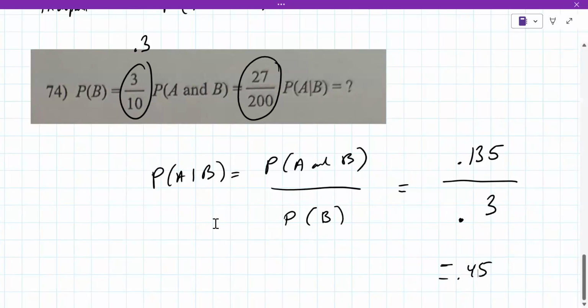So again, you have to get this formula down. This is correct. The and goes on the top, the individual goes on the bottom. And we should redo the previous problem now because it's not correct the way I had presented it to you.